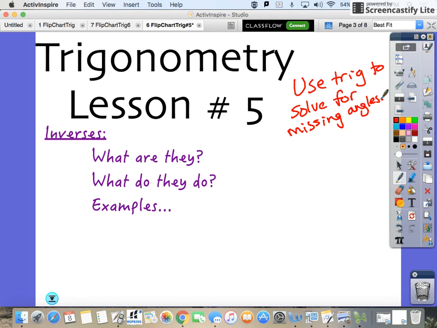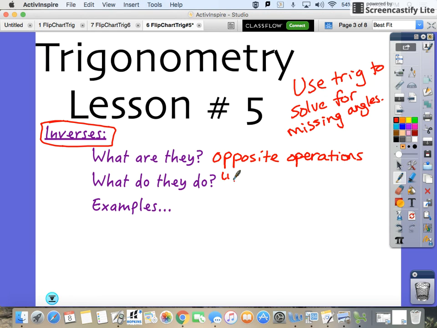So what we're going to use is inverses. So inverses, what are they? They are opposite operations. They undo things.